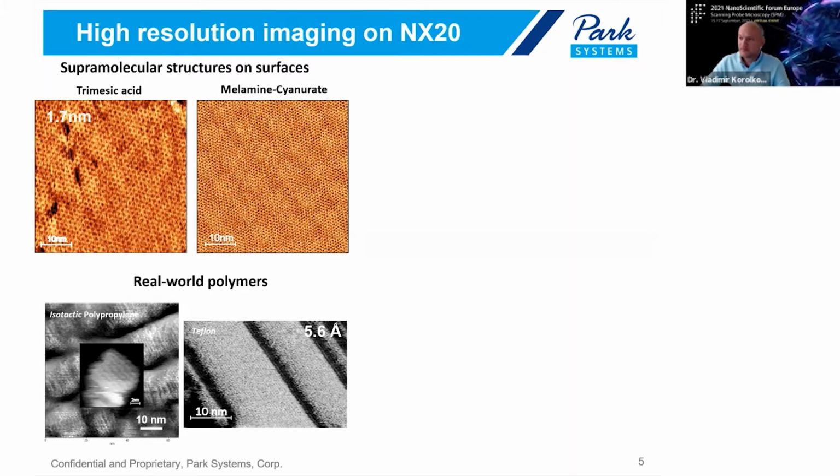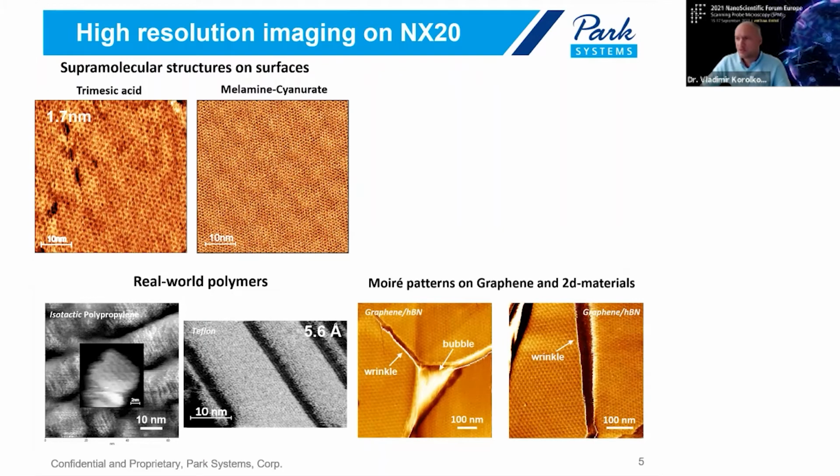But that technique, again, is not just about molecules. You can apply it for things like 2D materials, and you can image quite successfully Moiré patterns on things like van der Waals heterostructures. Here is an example of a graphene layer on a hexagonal boron nitride crystal that I'll talk about a little bit later.